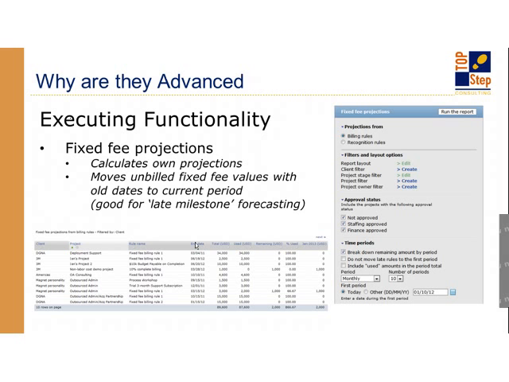This report can run projections from the billing rules or from the revenue recognition rules. You have a few options here on your layout, the level of detail that you show, and also filtering by client and project.